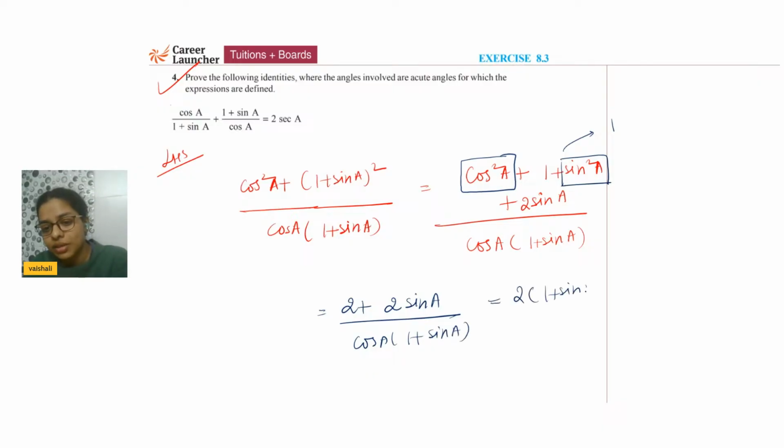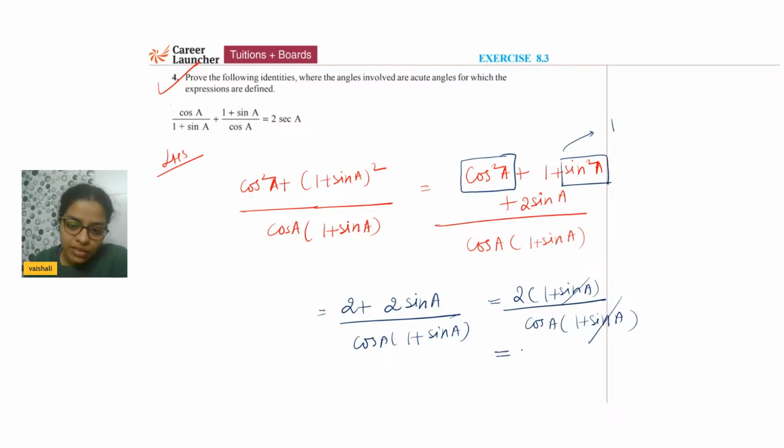So this is your (1 plus sin A) divided by cos A, and again (1 plus sin A). I can cancel these two parts, and 1 by cos A is secant. So what you have is 2 secant A, and thus your RHS is proved. So I hope the steps are clear and there is no confusion as such.